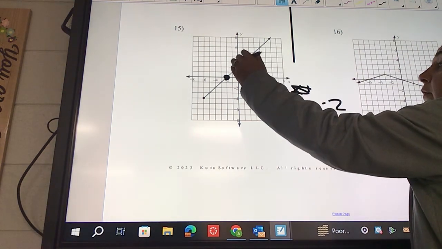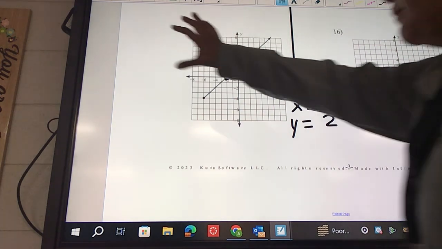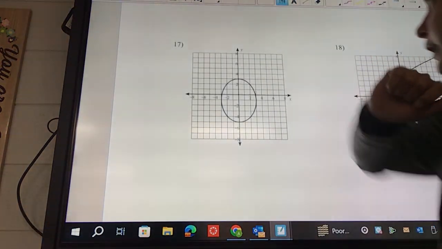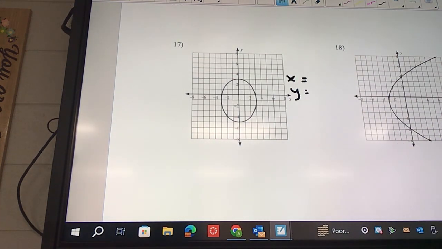At 2. Okay, 17. Where does it touch the x line? At -3.